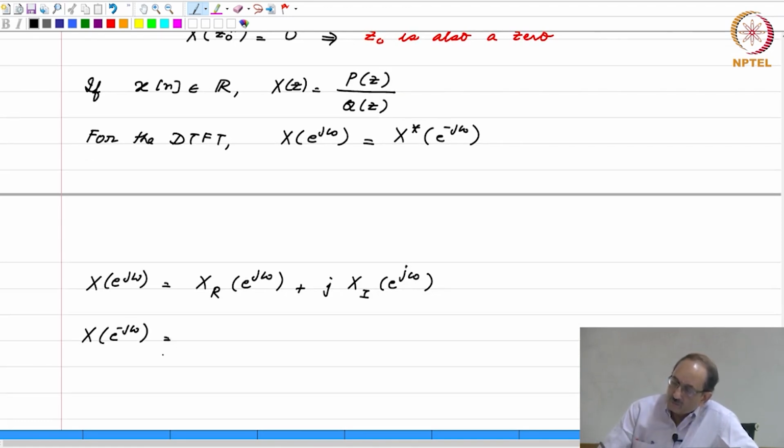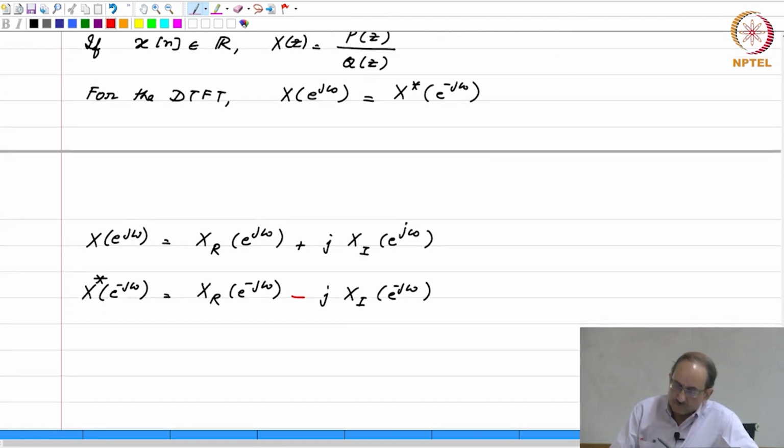Therefore, if you replace now x of e to the j omega by x of e to the minus j omega, you have this. Wherever omega is there, I have replaced omega by minus omega. But what we really want is x star of e to the minus j omega. Therefore, all you have to do is replace this by this, and these two have to be equal because the sequence is real.